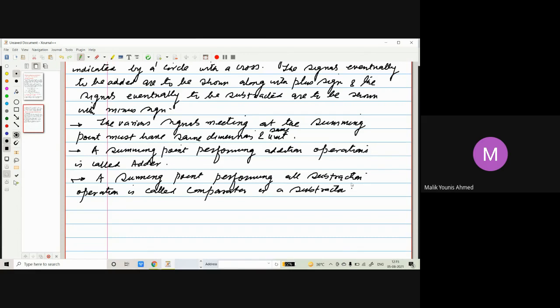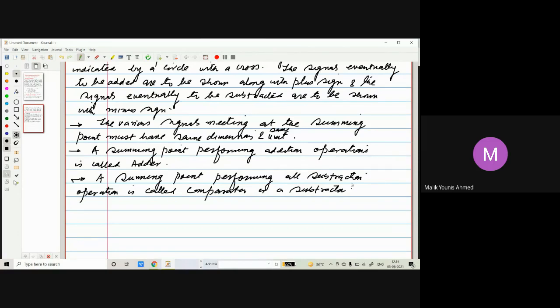So very simple thing. Summing point, I have told you in a nutshell, has to be represented by a circle. Inside that should be a cross. Signals which have to be added should have a plus sign, and signals which have to be subtracted must have a negative sign. And then it's mandatory to have the same dimensions and same unit while performing such operations. And next, if the signals are to be added, that's called an adder.